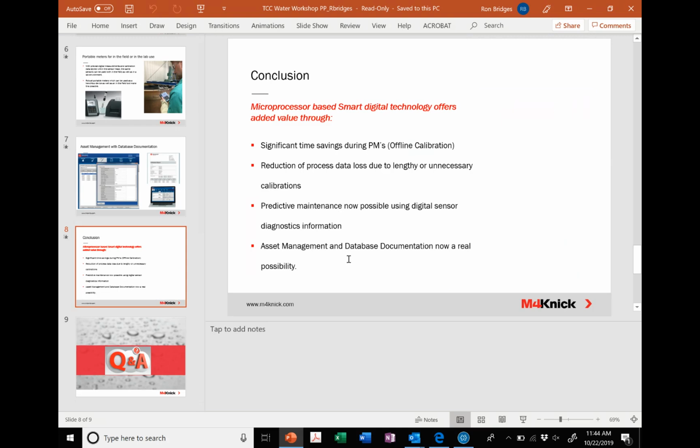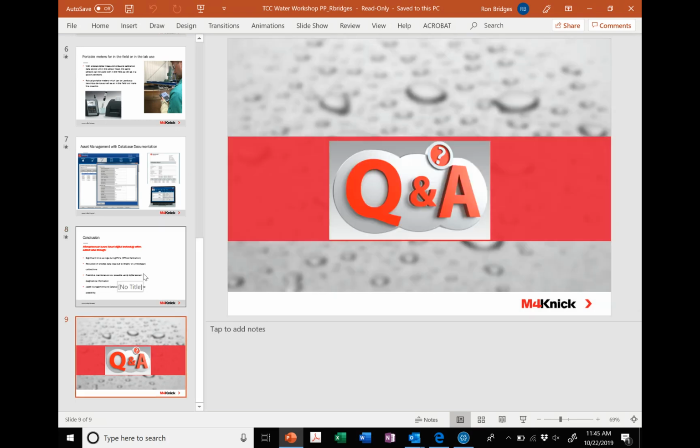And to sum it up, you have asset management software that gives you the ability to understand what's going on with each individual electrode, but at the same time, in situations where you need to store a record of the calibration, you now have that as a possibility as well, which could be shared with governing bodies, local EPA, whomever it might be. So with that said, I want to thank everyone for the time spent listening to the presentation, and any questions.